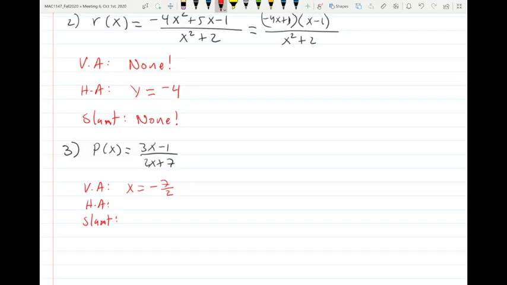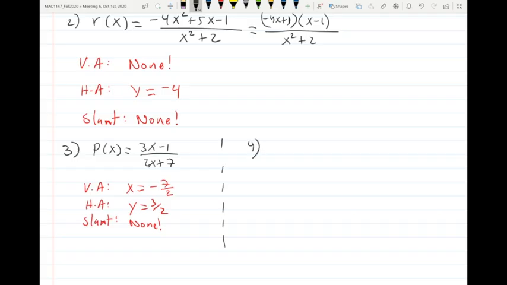Then how about horizontal asymptote? Do we have horizontal asymptote here? 3/2, very good. Degrees are the same, so it's 3/2. And how about slant? Do we have any slant asymptote? So we don't have any slant. Good.